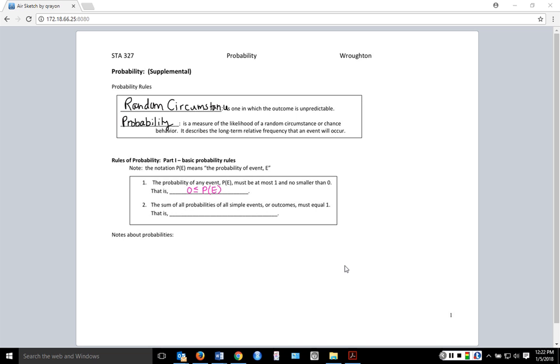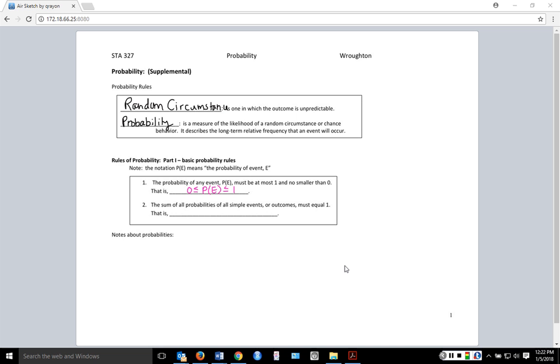That could be flipping a heads. It could be passing a class, whatever we're trying to calculate the probability of. It has to be some number between 0 and 1, and it can technically include 0 or 1. There could be a 0% chance of something happening. There could be a 100% chance of something happening. We, of course, generally work with numbers that are in between 0 and 1.